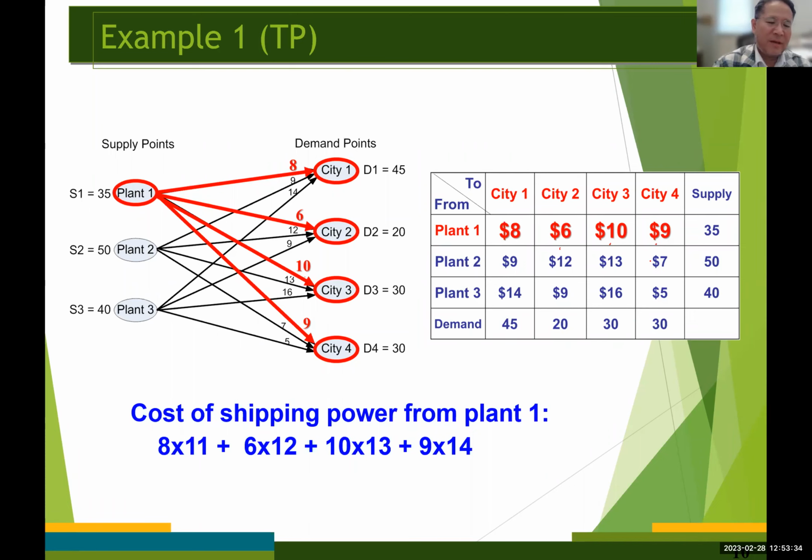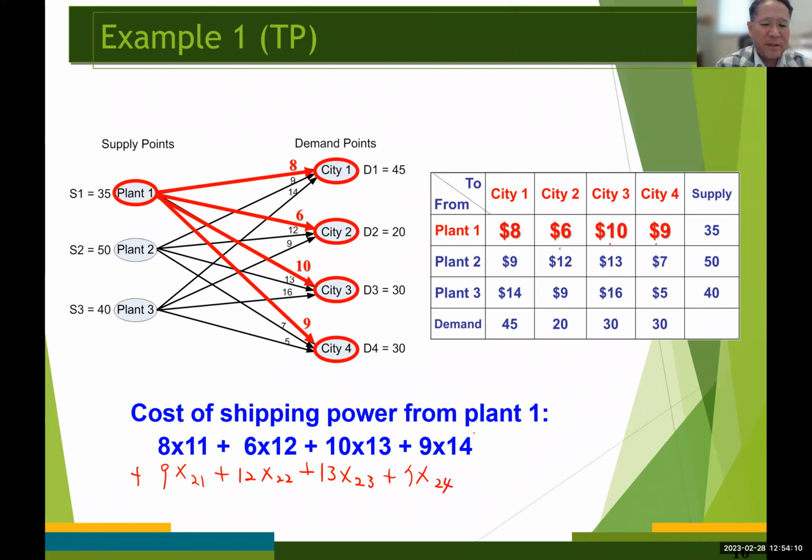so this is the cost of shipping the power from plant number 1, right? And you also need to add 9 times x21, plus 12 times x22, plus 13 times x23, plus 7 times x24.